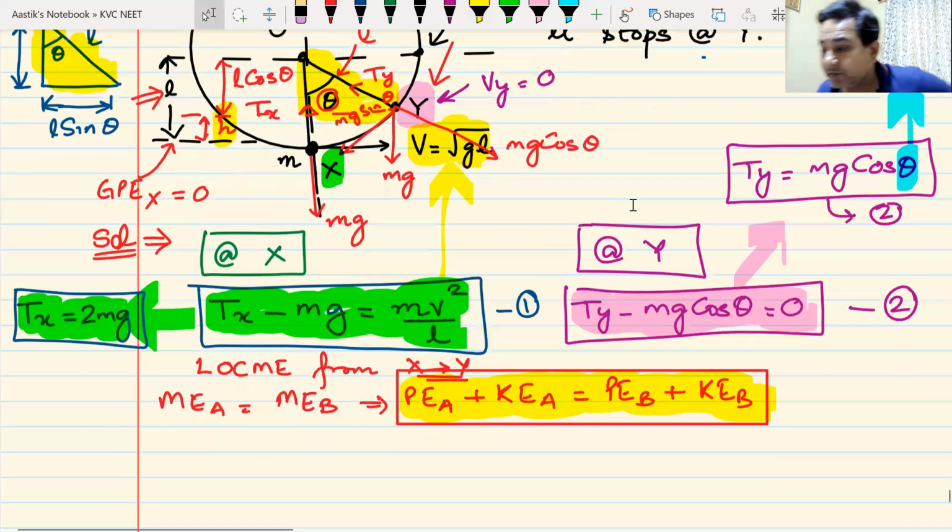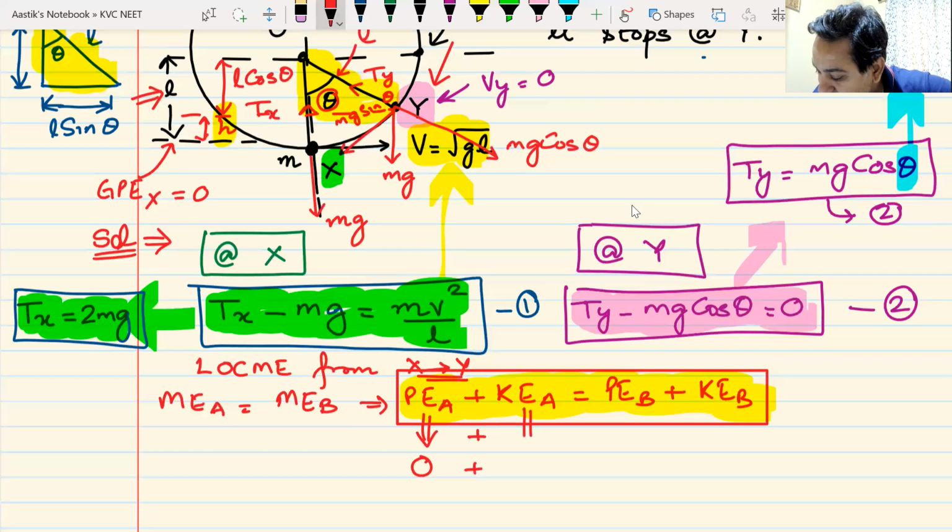So I will now move ahead and put the values, and I hope everyone understands this. The potential energy at point A is 0. We all know this. Plus kinetic energy at point A. Kinetic energy at point A is half into M into V squared.